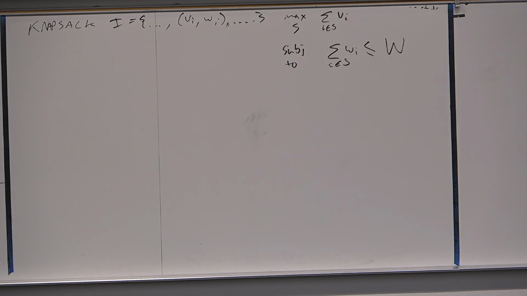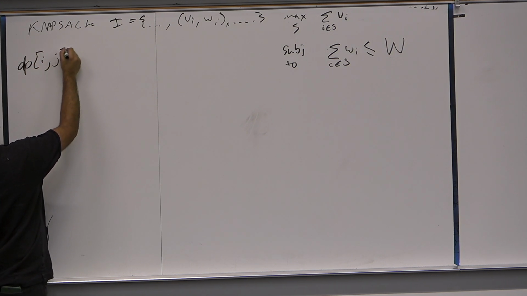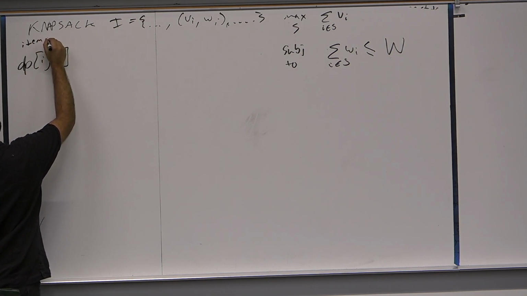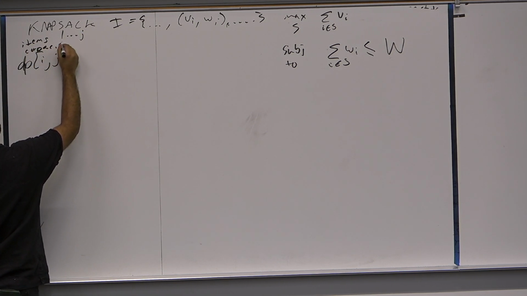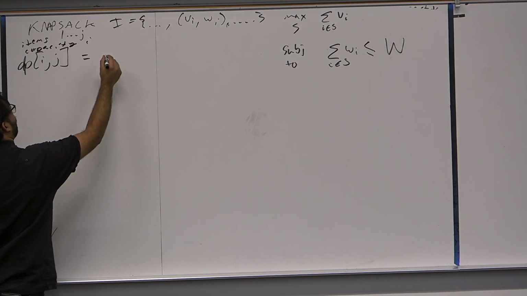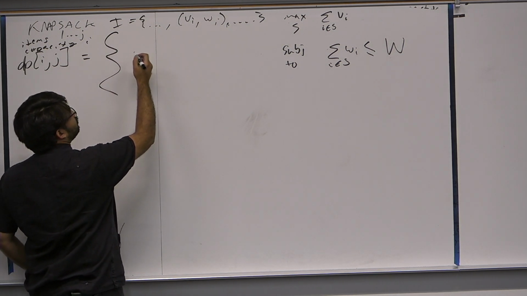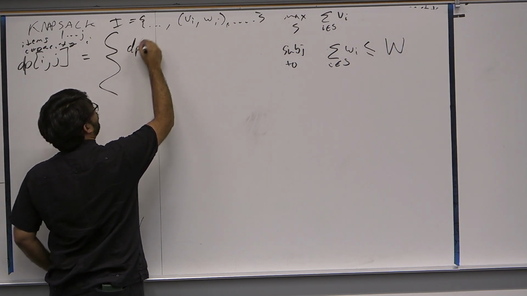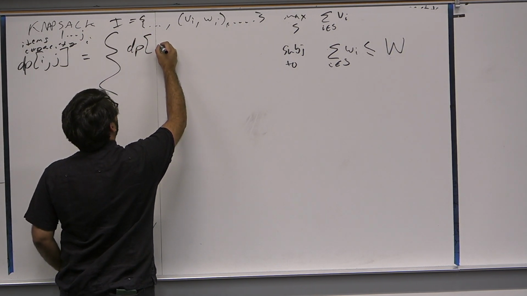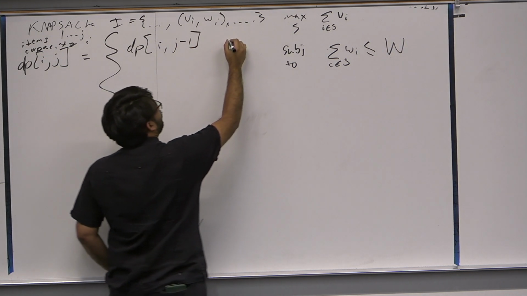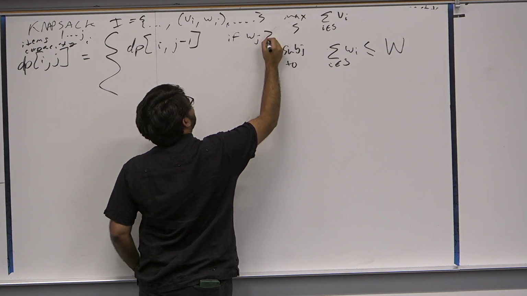And does anyone remember the Knapsack recurrence? In dynamic programming, it was dp of i comma j, where items 1 through j and current capacity of i. What was the Knapsack recurrence again? Yeah, take or don't take. So what was the first case? It was dp of i, j minus 1 if w_j exceeded i, right?